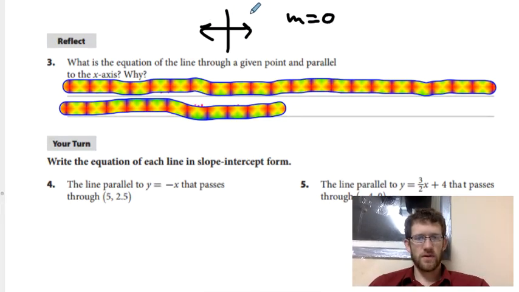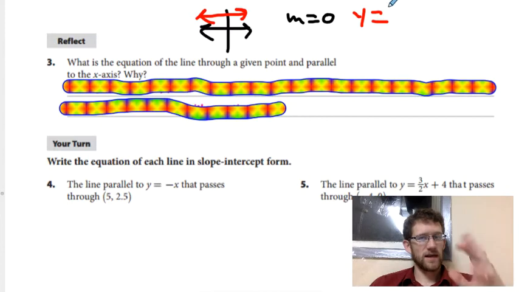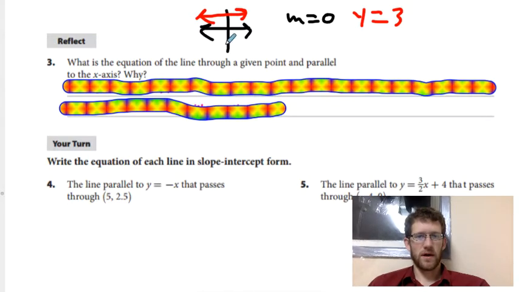If m is 0, the equation is y equals, there's no x because it's 0 times x, so the x just disappears. It's going to be something like y equals 3, depending on how high or how low it is. So the equation is y equals whatever the y value is for that point.